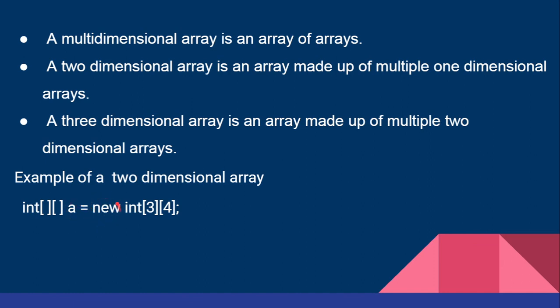New is the operator that helps to create the memory of the array a, and the array type is int and the dimension is 3 and 4. Actually the number of rows is 3 and the number of columns is 4. So this array a will be a two-dimensional array, an example of a matrix which has 3 rows and 4 columns.